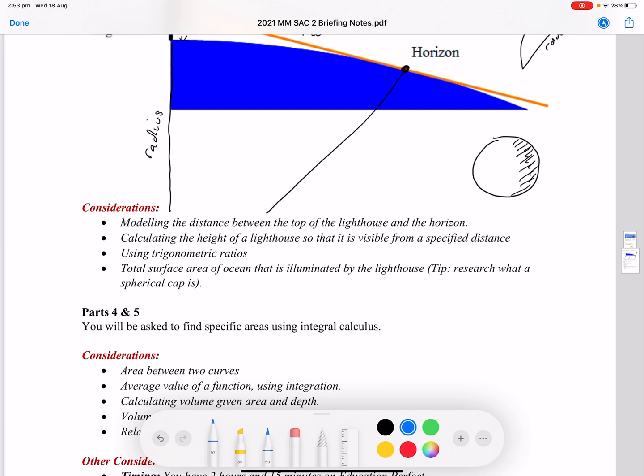And if we talk about the area that it's exposed to, well, the surface area is going to be curved and bended. Okay, so our tip for you is to research what a spherical cap is. Get onto Wikipedia, get onto Google, get onto even Wolfram Math. You'll be able to research what a spherical cap is. It will help you greatly if you understand that.